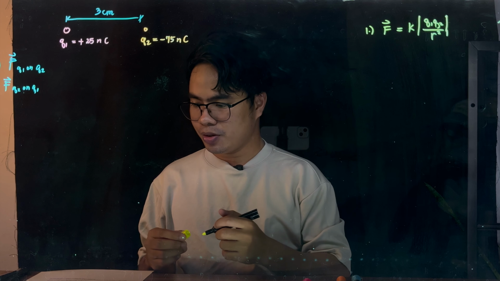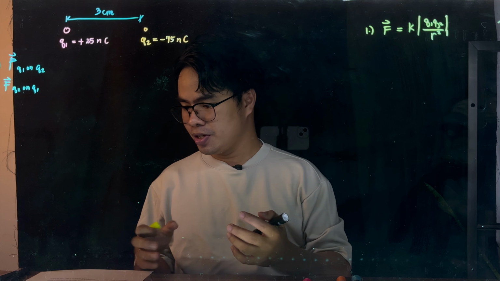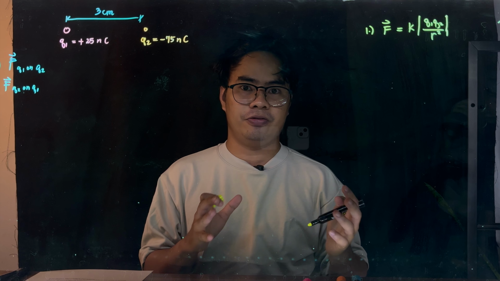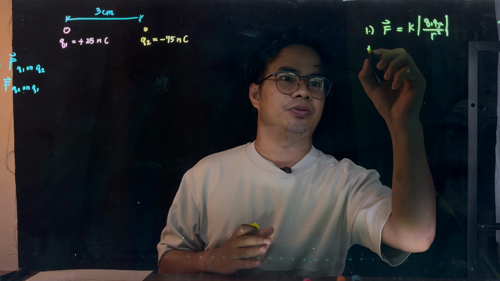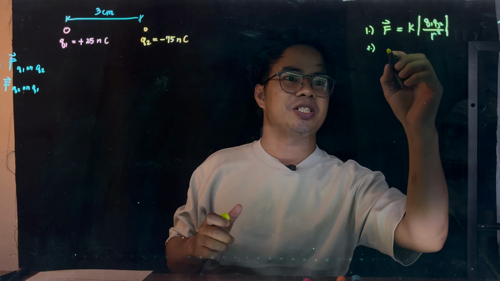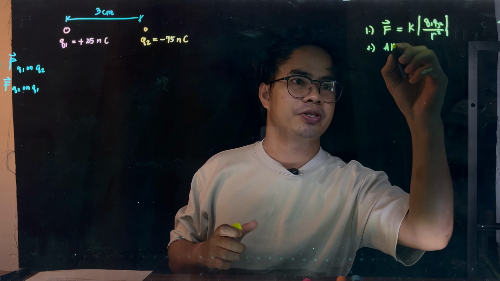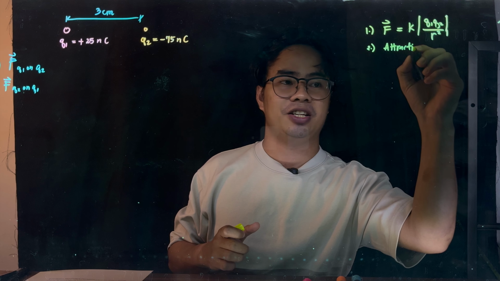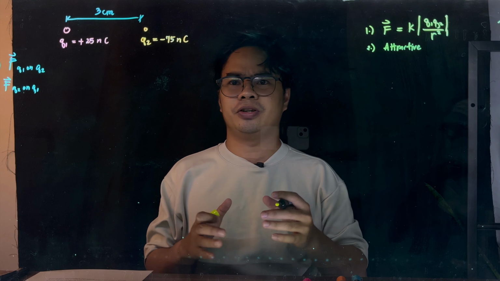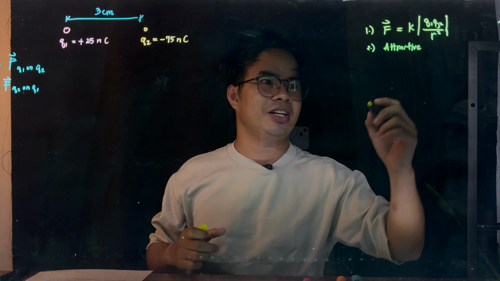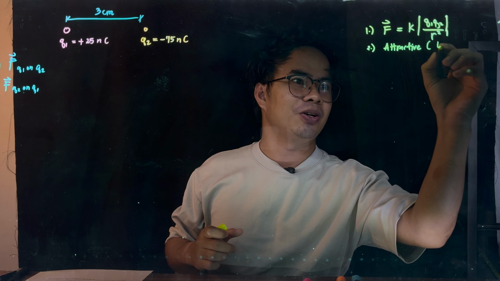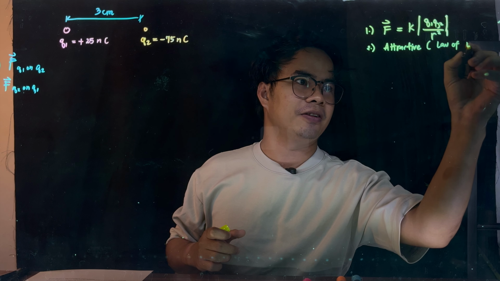The second thing that you have to understand is the nature of the forces between the two charges here. It must be an attractive force, right? It should be attractive because of the fact that they have opposite charges. And this is just your law of electrostatics in action.